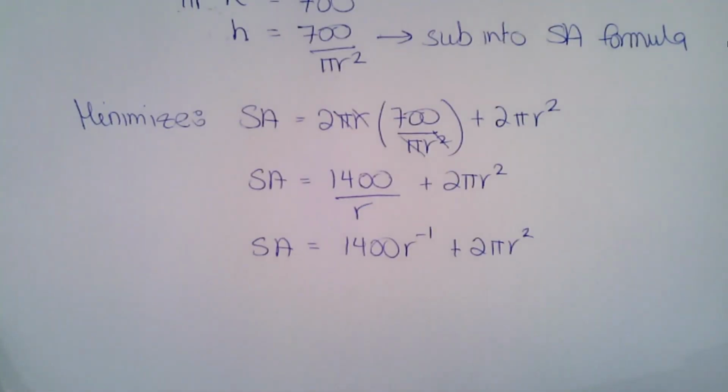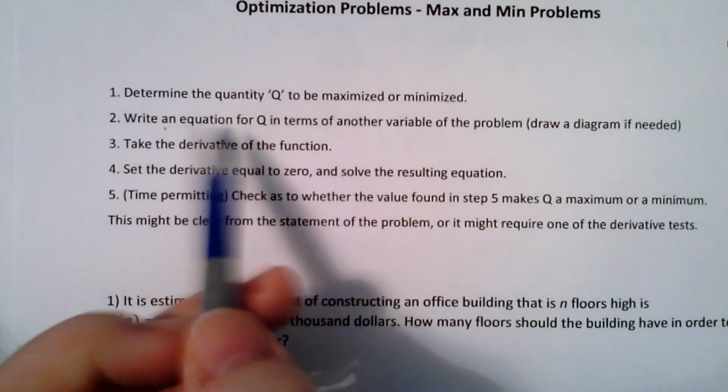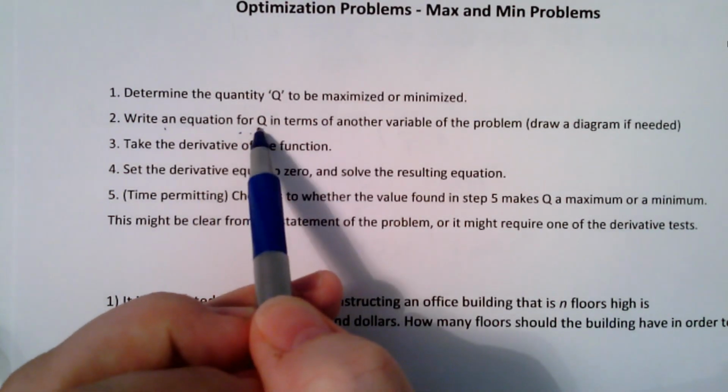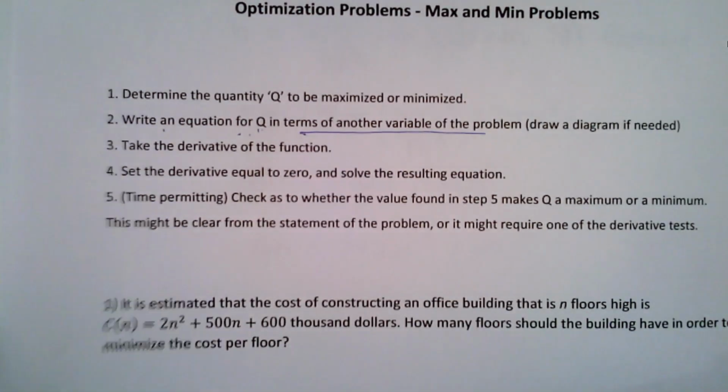Alright, there we go. So I have accomplished the second part of what was necessary. I have found step number 2: write an equation for what you're trying to maximize or minimize in terms of another variable of the problem. So I did that.